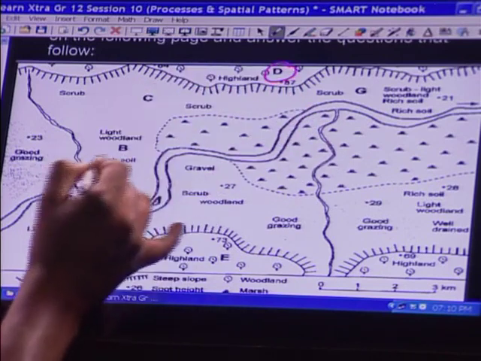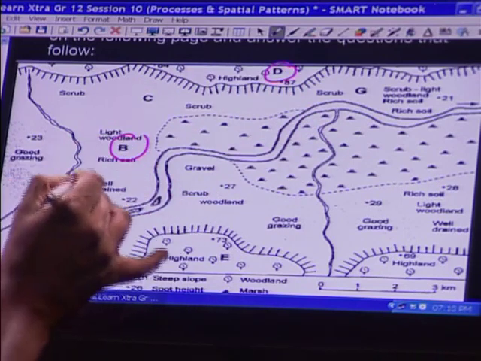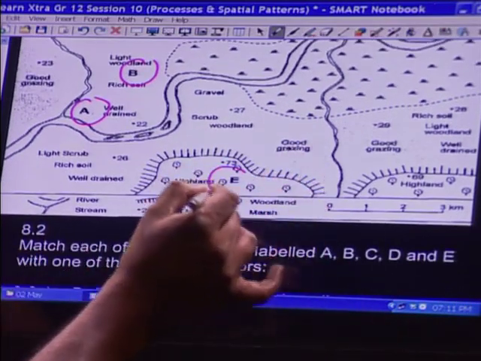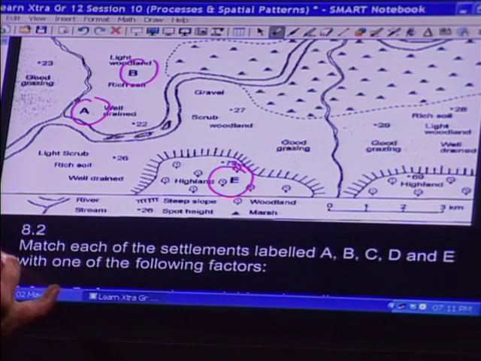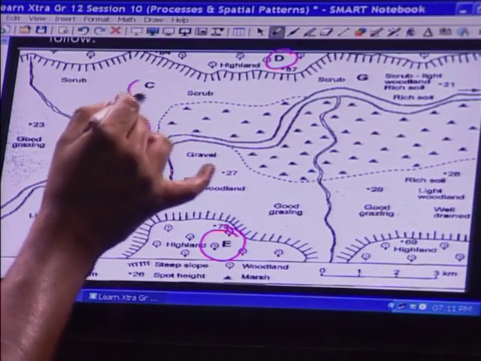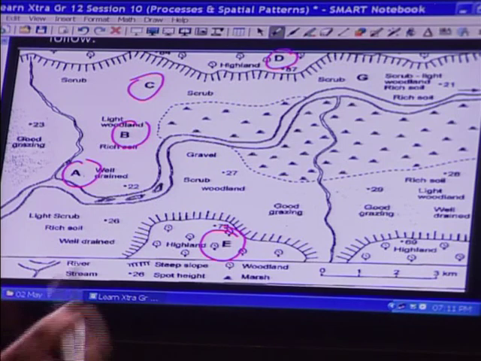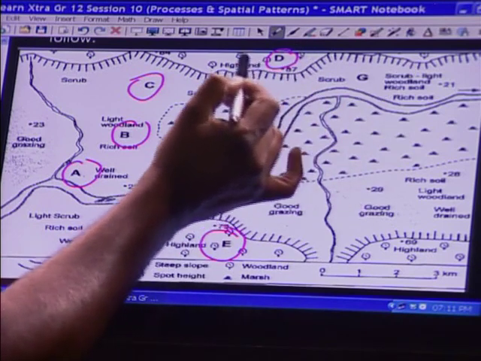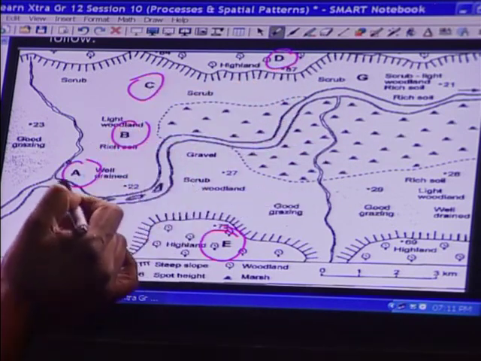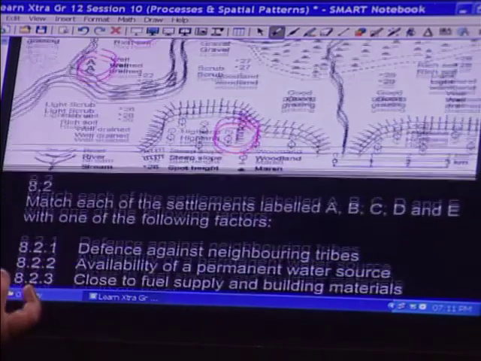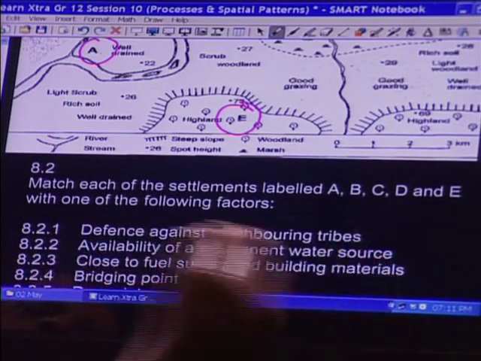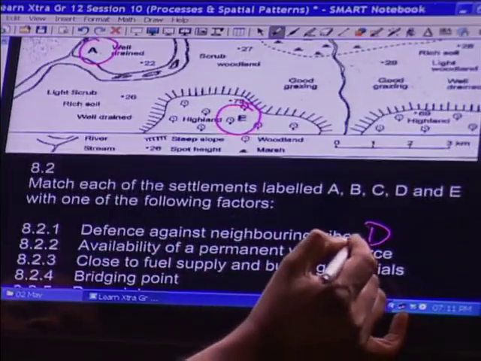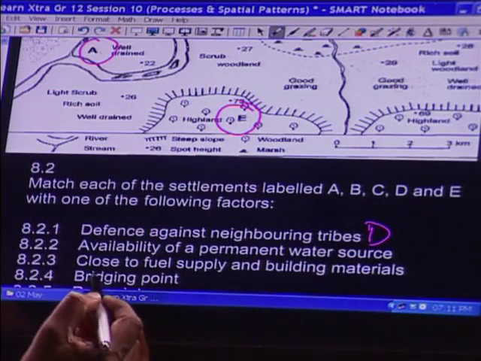Settlement D, settlement B, settlement A, settlement E, and settlement C. Of all these settlements, note that settlement D is located on the highland, which gives it a strategic positioning as opposed to settlement A, B, C, and E. So the correct answer for defense against neighboring tribes would be Settlement D. Settlement D is located on a high-lying land away from the other settlements.